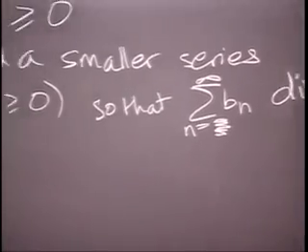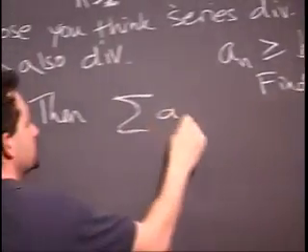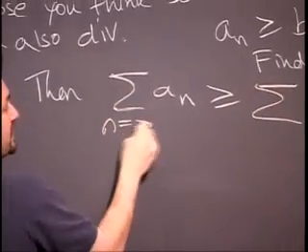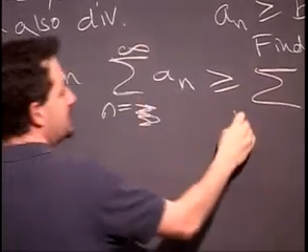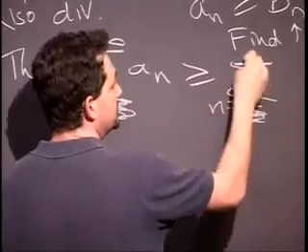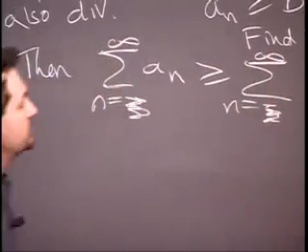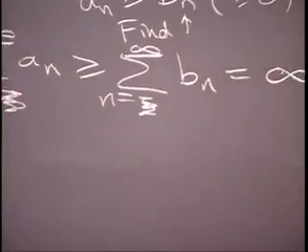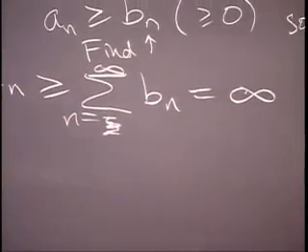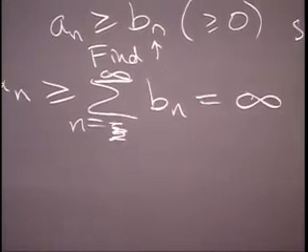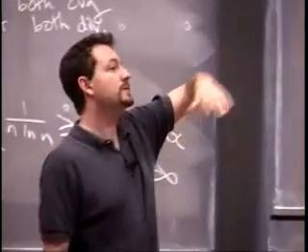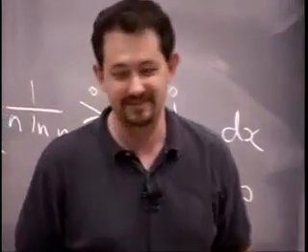Then the series that you want is bigger than your new series, which supposedly diverges. So you're adding up a whole lot of things, add up a whole lot of smaller things, still get infinity. You are then floating above infinity, which means you're also at infinity.